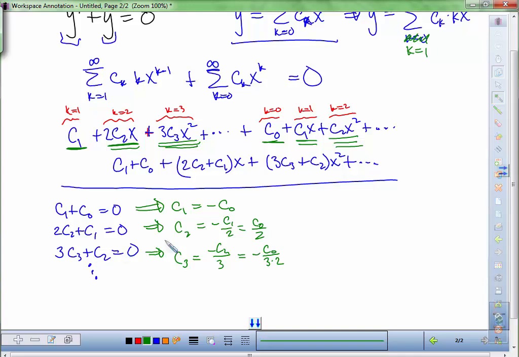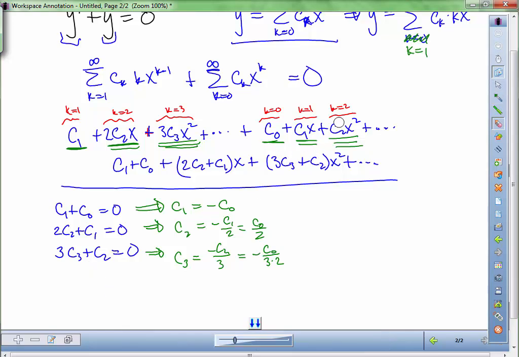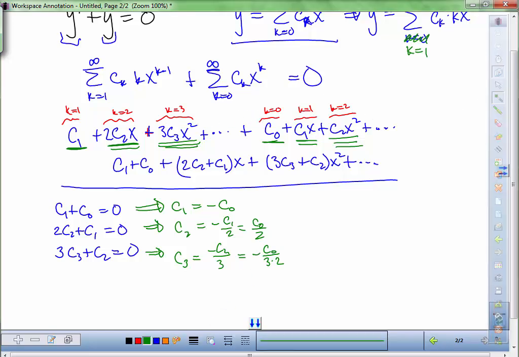So, did you guys figure out what the dot dot dots might be? Let's see if we can anticipate something. If we can't, we can go back here and extend a couple more terms for our powers. But let's see if we can go back over here and imagine what the next term is going to be. What should it be? 4C4 plus C3 is equal to 0.